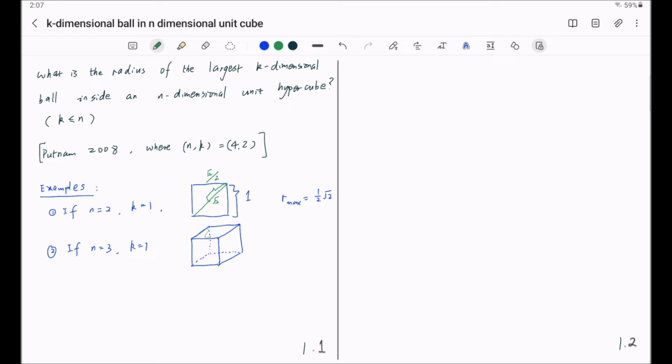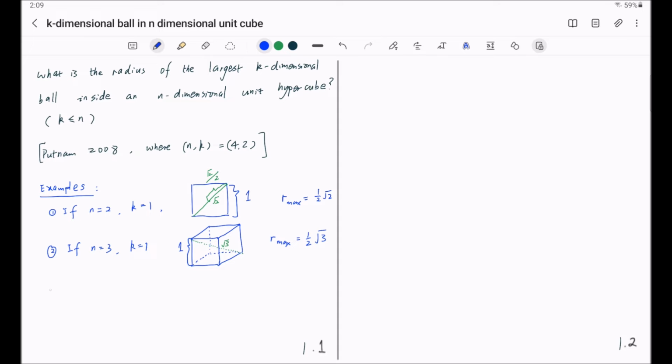It's easy to see that this line segment is the diagonal line segment connecting two vertices of this unit cube with longest distance. Since the side length of this unit cube is equal to 1, this diagonal line segment has length equal to square root of 3. So in this case, our maximum radius will be half of square root of 3.